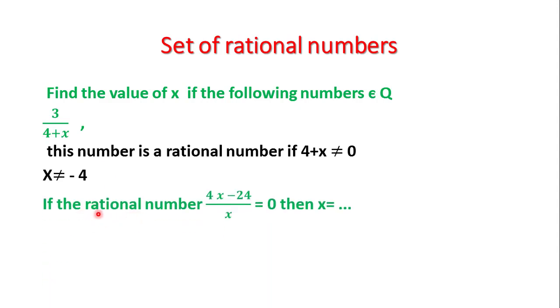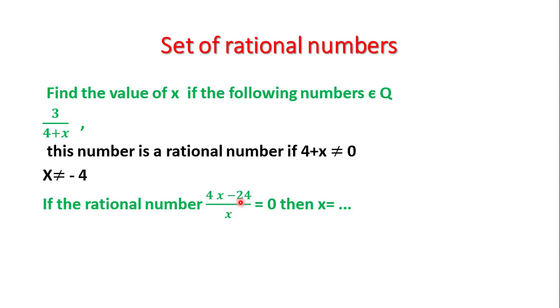The next one: if the rational number (4x minus 24) over x equals 0, I want the value of x. Of course, x shouldn't be 0. So 4x minus 24 should be 0.